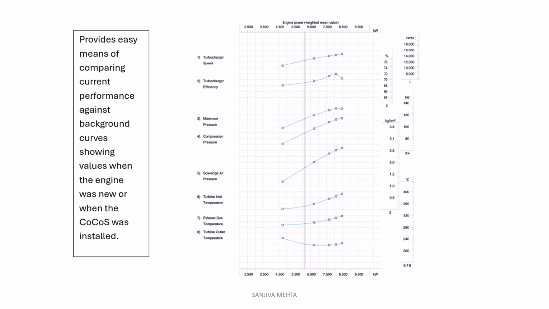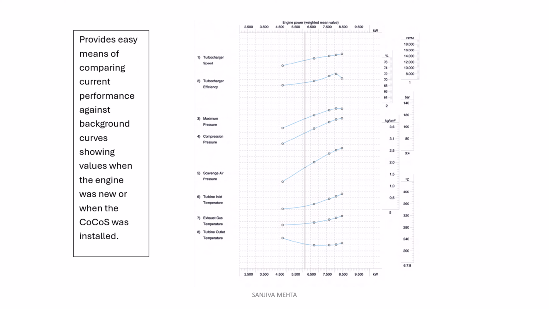These graphs, trends are available. You can compare with your performance when you're taking turbocharger speed and what is the percentage kilowatt, turbocharger speed and RPM with respect to engine power.